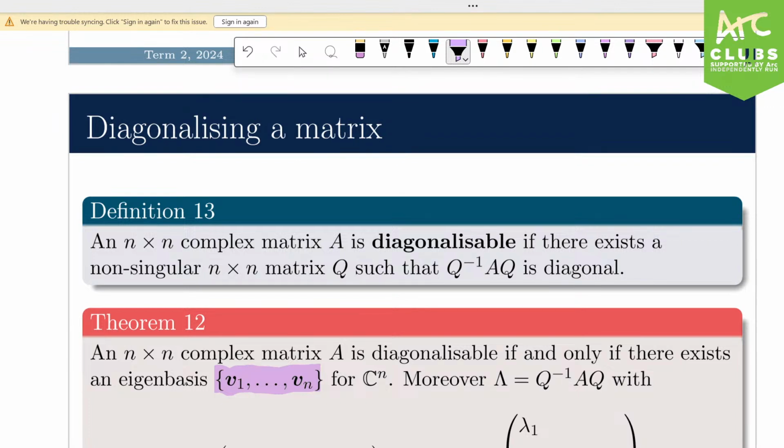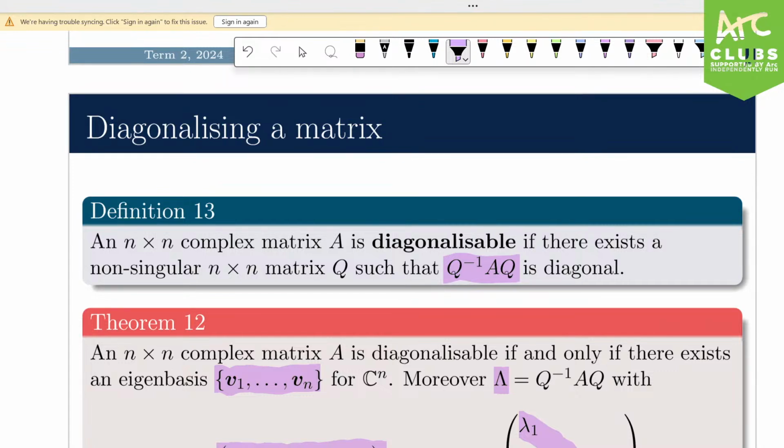And moreover, we define this lambda matrix, and it's going to be equal to Q inverse AQ, with the Q matrix being the matrix consisting of our eigenvectors. So this is our eigenvector matrix, and lambda is our eigenvalue matrix. So it'll be eigenvalues along the diagonal, zeros everywhere else.